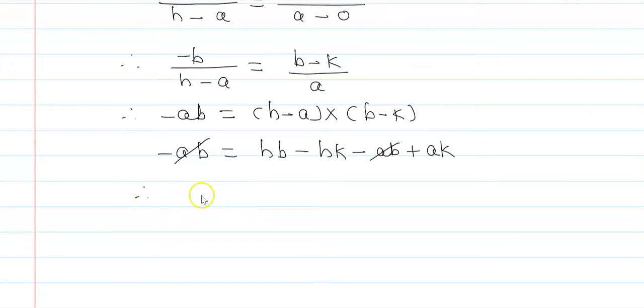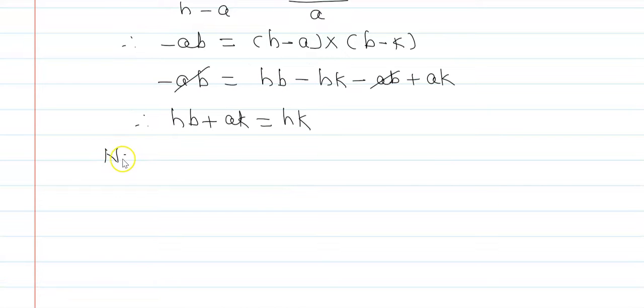Therefore, we can write hb plus ak is equal to hk.